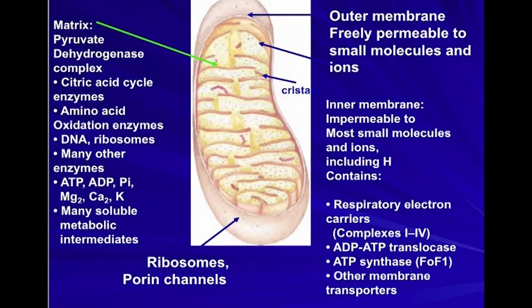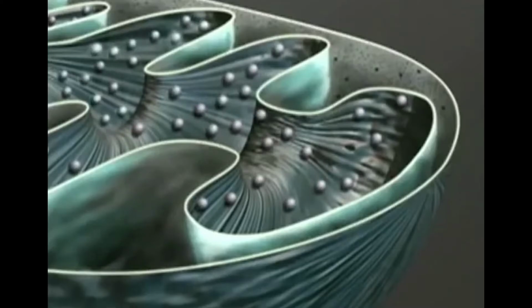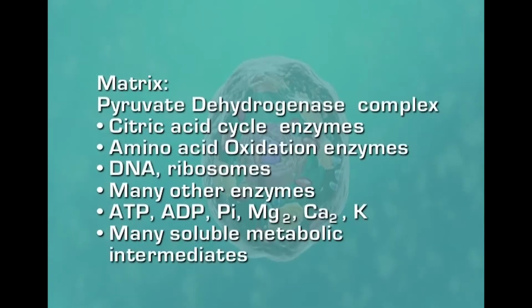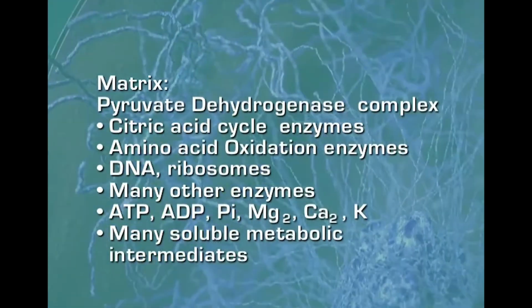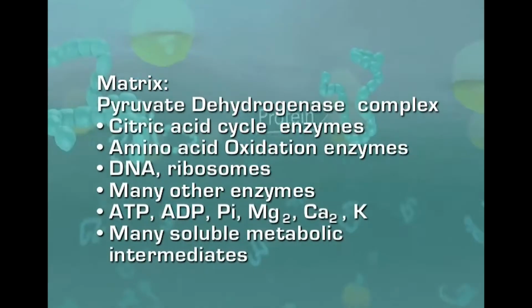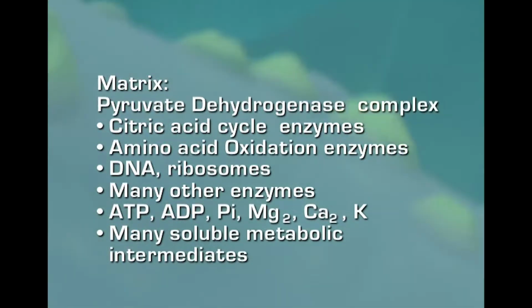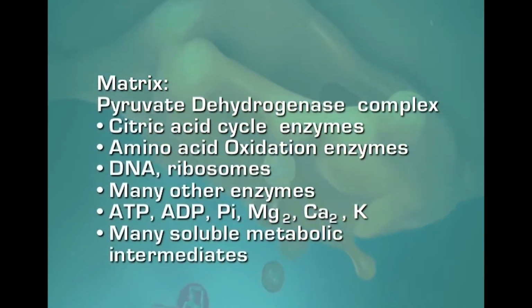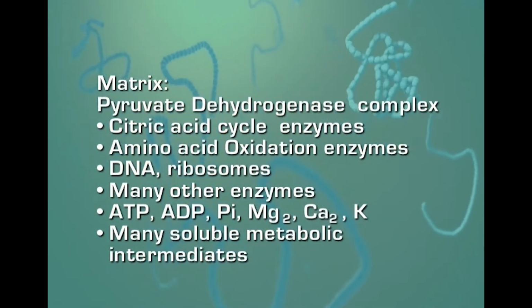Then the outer membrane is embedded with small ribosomes and porin channels to allow free movement of molecules. The matrix contains all the enzymes of the citric acid cycle, all the enzymes involved in amino acid oxidation, DNA and ribosomes, many other enzymes, ATP, ADP, phosphate, magnesium, calcium, potassium, many soluble metabolic intermediates, and the pyruvate dehydrogenase complex which converts pyruvate to acetyl CoA.